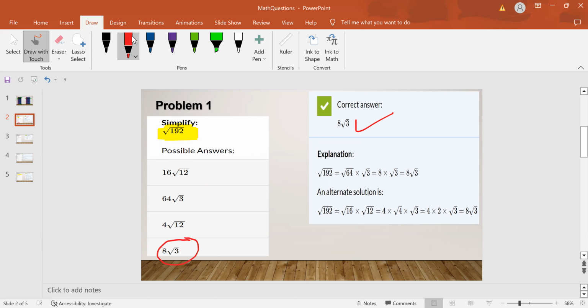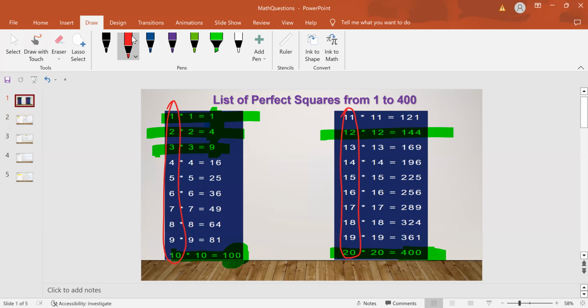Now let's see step by step how they get this. First of all, 192. The first question to ask: is it a perfect square? No, 192, no. If we go back here, there is no perfect square as 192. We have 169. After that, we have 196.